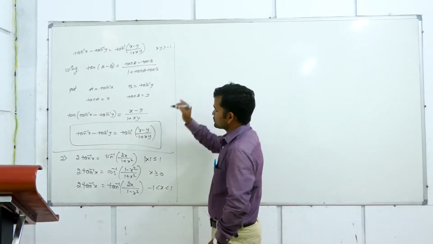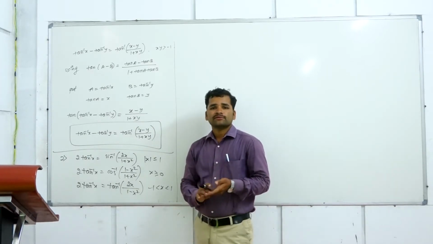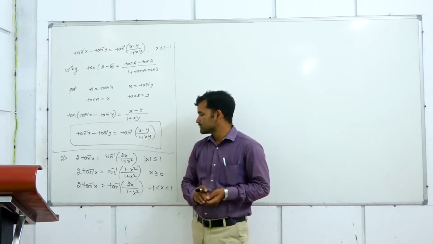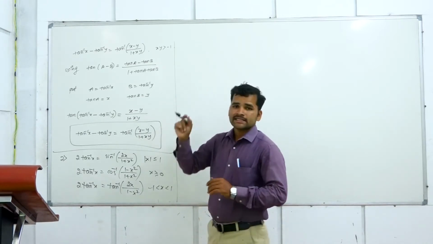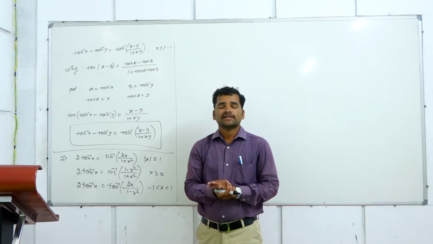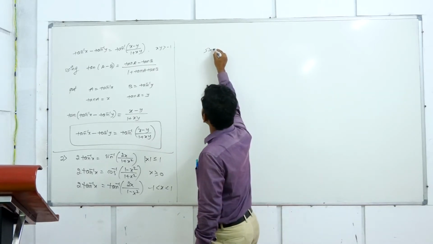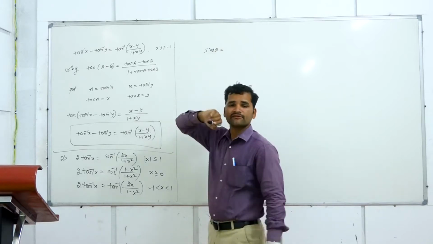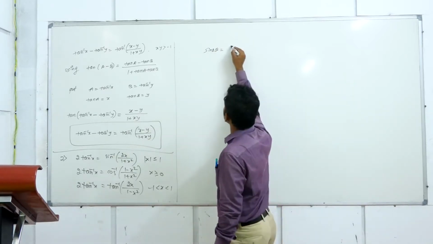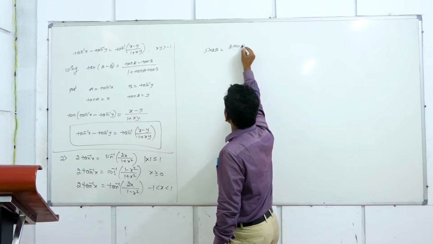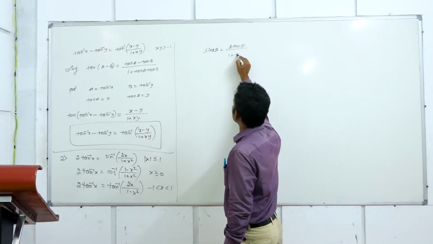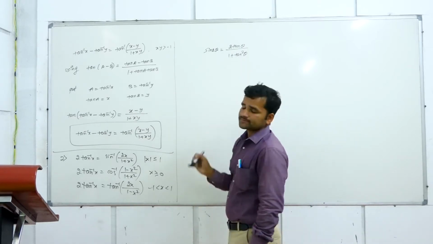First one, to prove this first one, already we know some of the formulae for sin 2 theta, cos 2 theta and tan 2 theta. Sin 2 theta in terms of tan is nothing but 2 tan theta divided by 1 plus tan square theta.